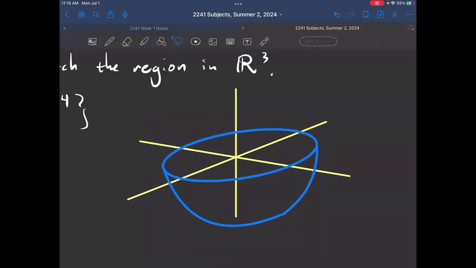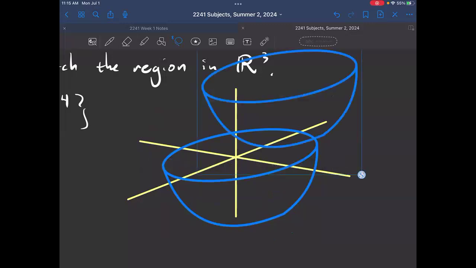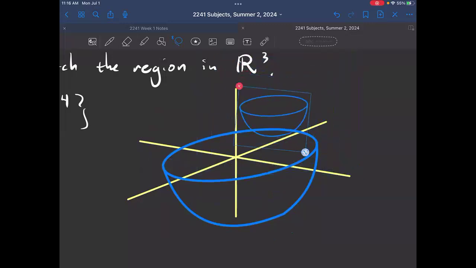So there's our sphere. Let's say that's the one of radius 4. And then we're going to copy this and shrink it back down, put it inside here, and make that the sphere of radius, let's say 1. So we'll just go ahead and mark that.